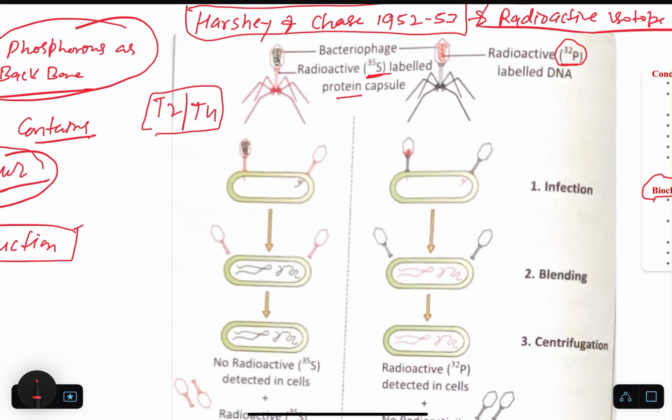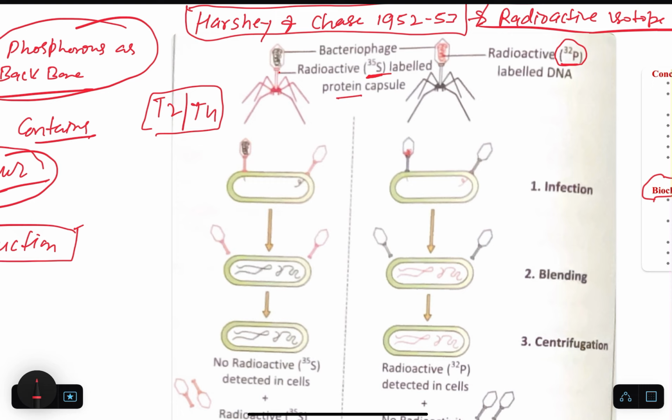Like this, they attach on the bacterial cell, produce a pore, introduce their genetic material, and produce a prophage by integrating their genetic material with the host genetic material and order it to perform the work for itself and produce their head, tail, etc. Later on they cause lysis of the cell.